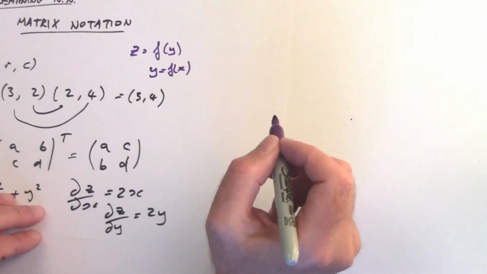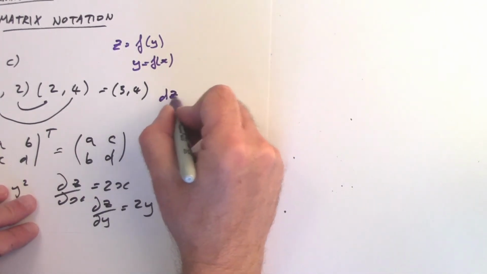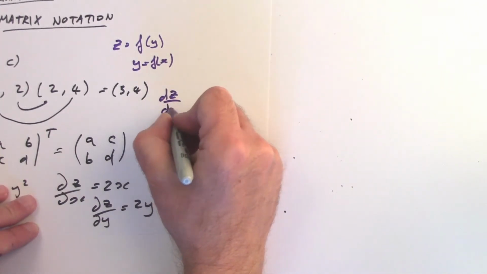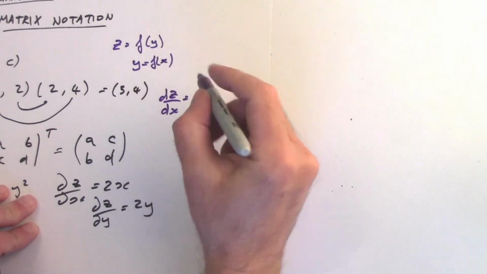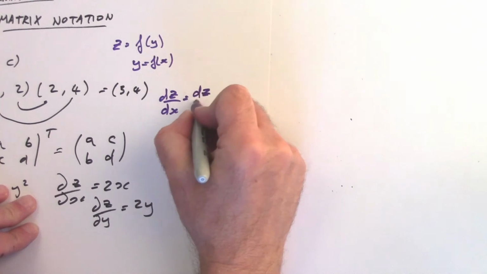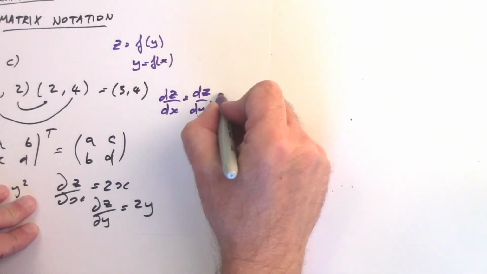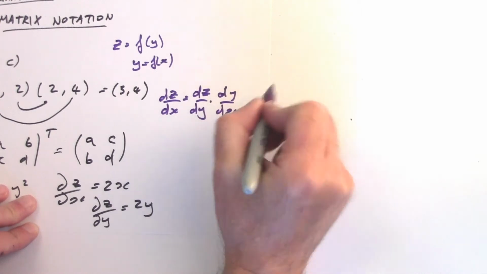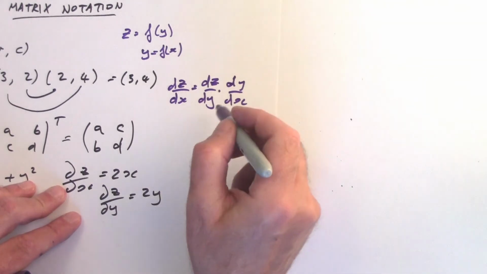Well, you would do it by the chain rule, which says that dz by dx is going to be dz by dy times dy by dx.